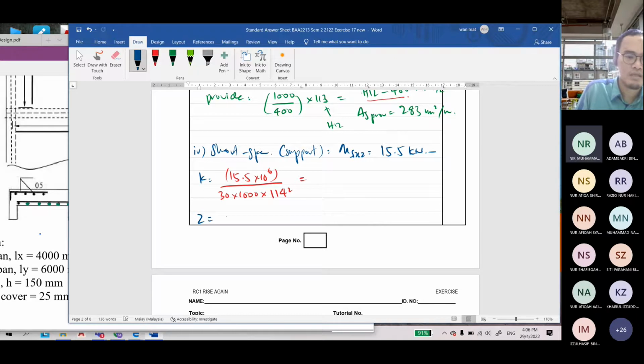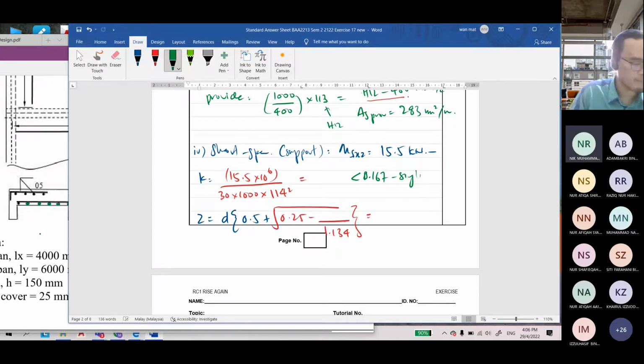Z is equal to d times 0.5 plus the square root of 0.25 minus K over 1.134. So what is the value of K here? Of course, it will be lesser than 0.167, so singly reinforced.